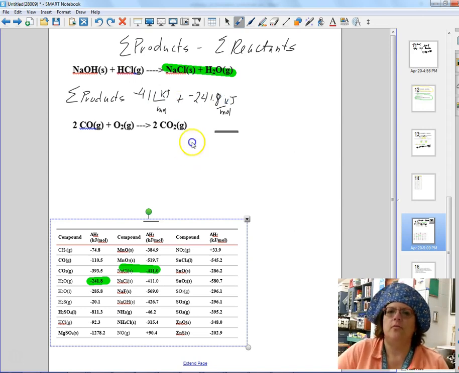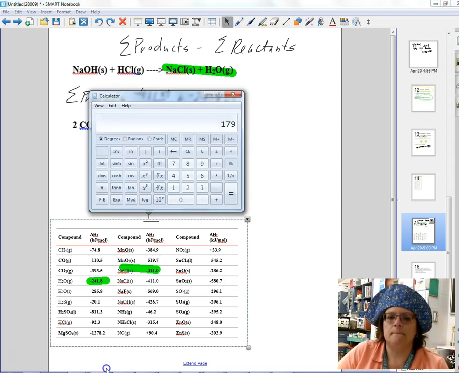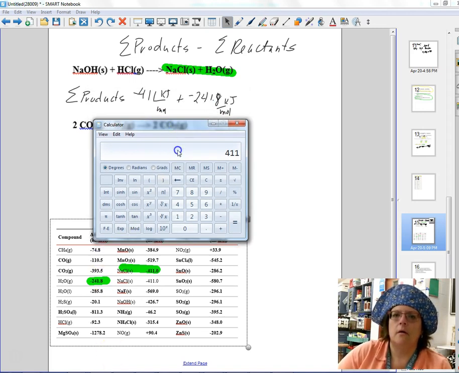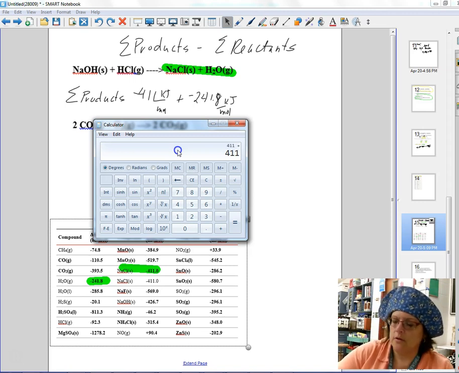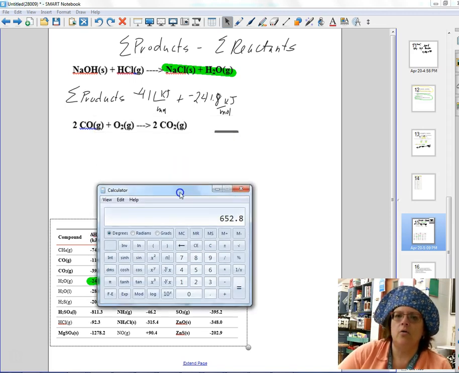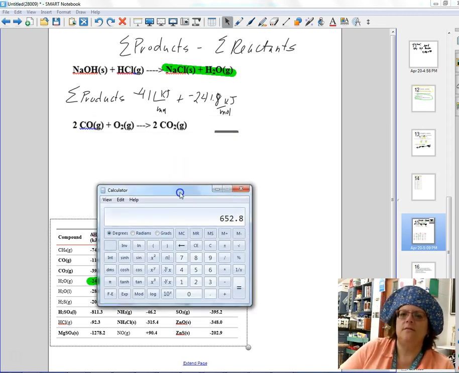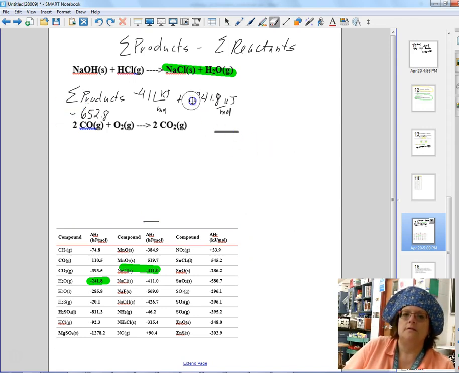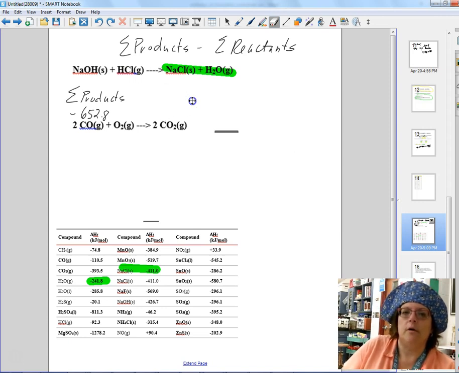So if I do 411, and they're both negative, so I can just add them regularly, 241.8. I get a total for my products of 652.8. So I'm going to write that under here, 652.8, and it's negative. Okay? So there's my products. I'm going to erase this. I don't necessarily recommend you do that, but I don't have a whole lot of room, so that's why I'm doing it.